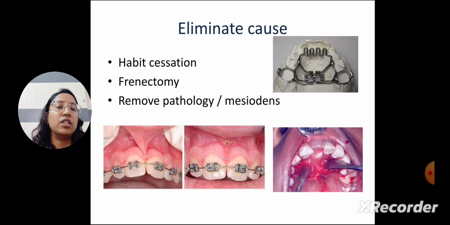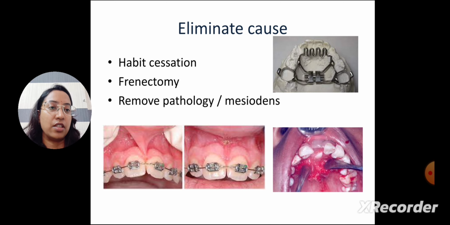In case of a thick labial frenal attachment in the upper arch, we can do a frenectomy to remove those fibers and allow the space to close without any resistance. And any pathology, or mesiodens, supernumerary teeth, cyst or abscess, has to be taken care of first before we initiate the treatment for the closure of spacing.